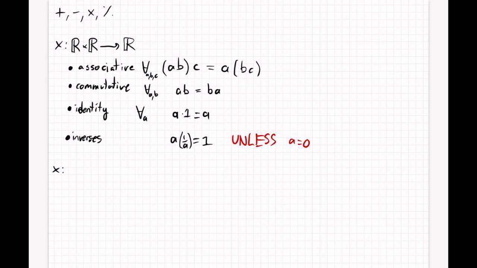So I'm going to use some set theory notation here to say R with a set difference of 0. And I'm going to define multiplication on only non-zero numbers. So it's a function from R set difference 0 cross R set difference 0 to R set difference 0.